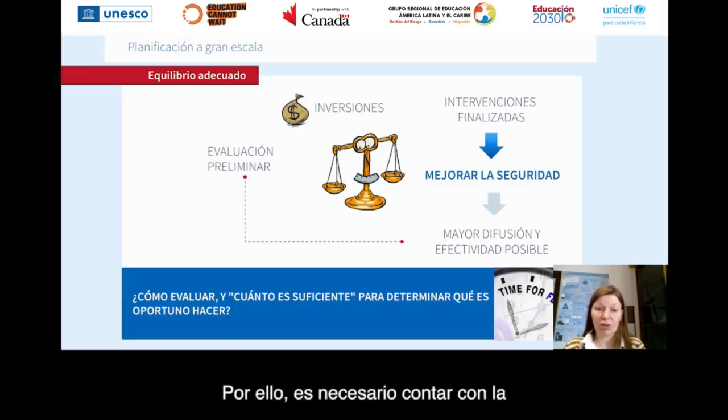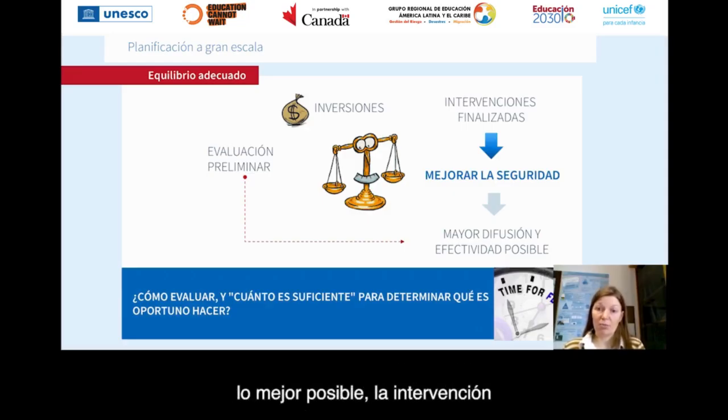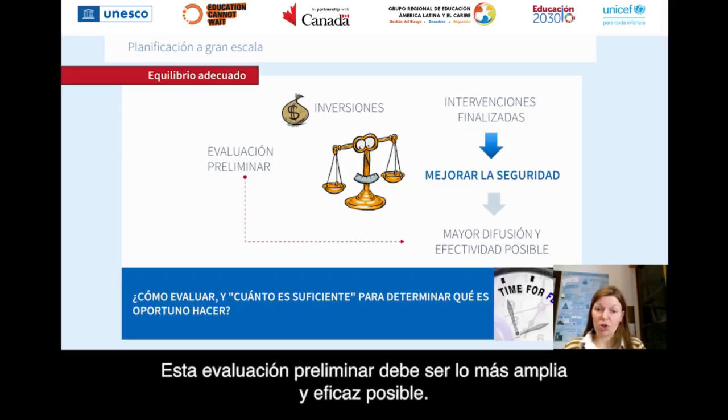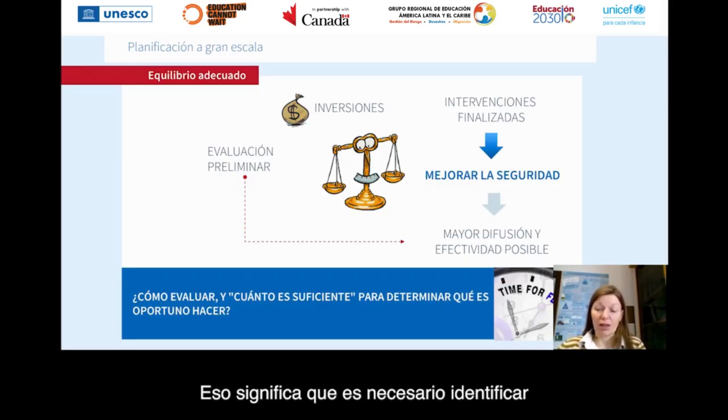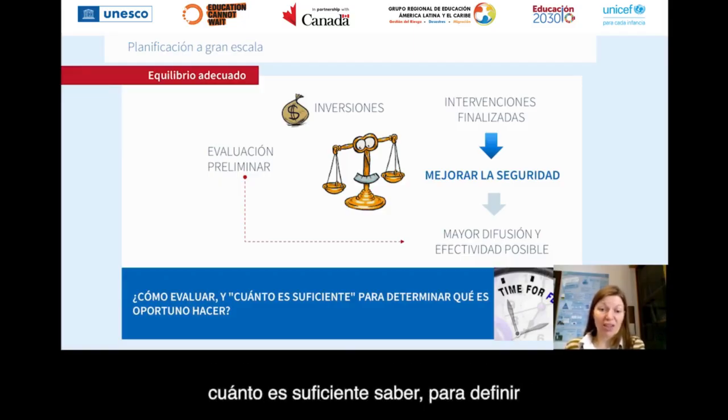For this reason, there is the need to have a preliminary assessment that provides all the information in order to prioritize as well as possible the final intervention for safety improvements. This preliminary assessment should be as widespread and effective as possible. That means that it is necessary to identify how to assess the learning facilities, and especially how much is enough to know for defining what is opportune to do.